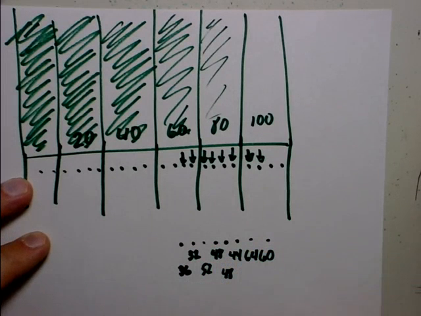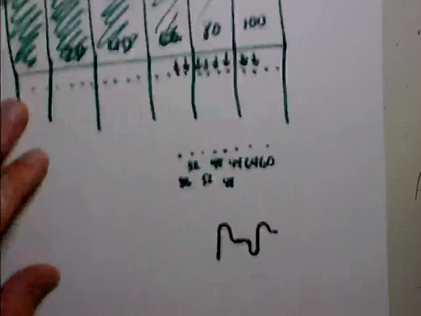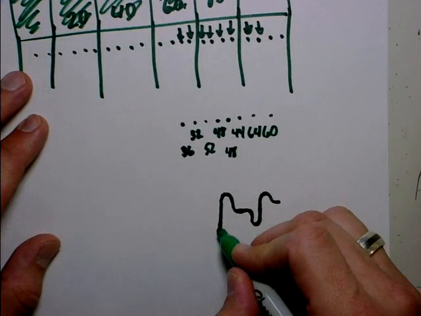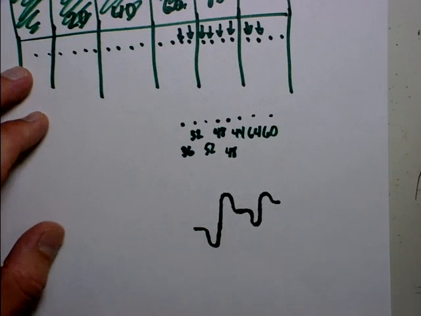Now, let's plot these. We have 60 going up to 64, down to 44, back up to 48. Stays there, goes up to 52, down to 32, and back up to 36, and it continues on.